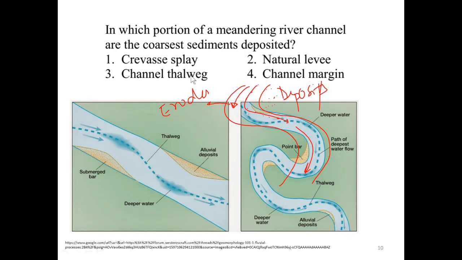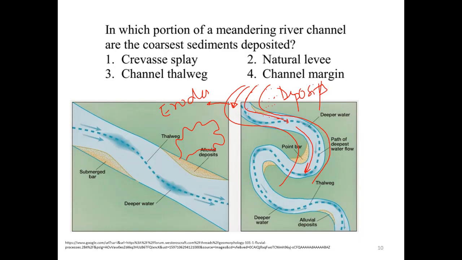Now crevasse splay, sometimes when the river floods in the floodplains, the river bank breaks off, giving rise to a splay-like deposit. It spreads just from the main stream.